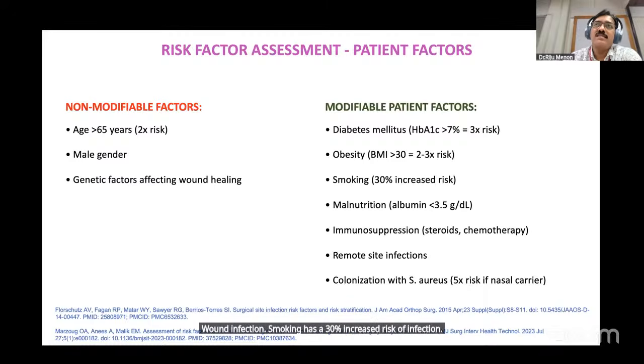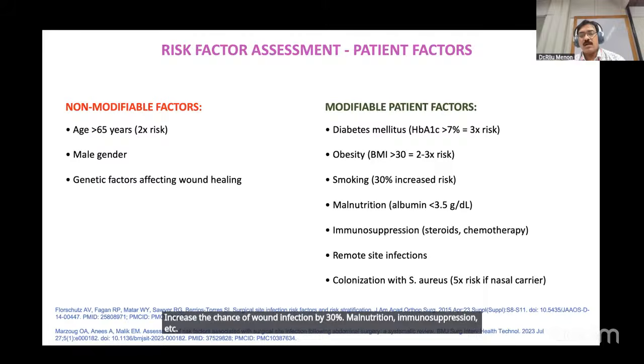That increased risk is multifold because of the low blood flow that occurs in these patients and the reduced immunity that happens in these patients. All these can actually increase the chance of wound infection by 30%. Malnutrition, immunosuppression, etc. Now, there is one other set of patients.